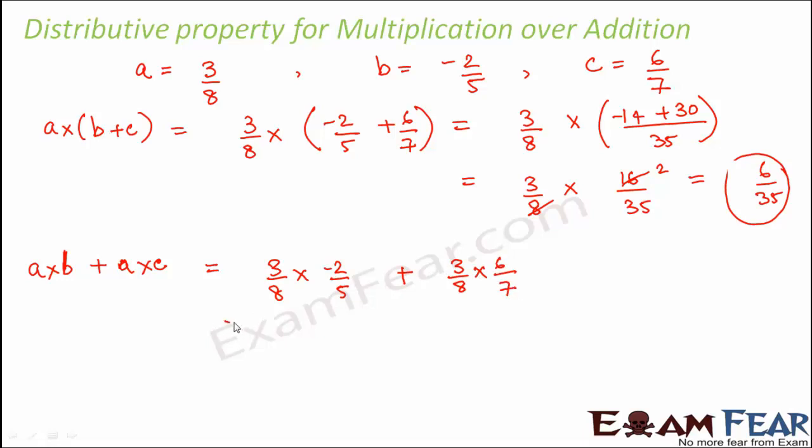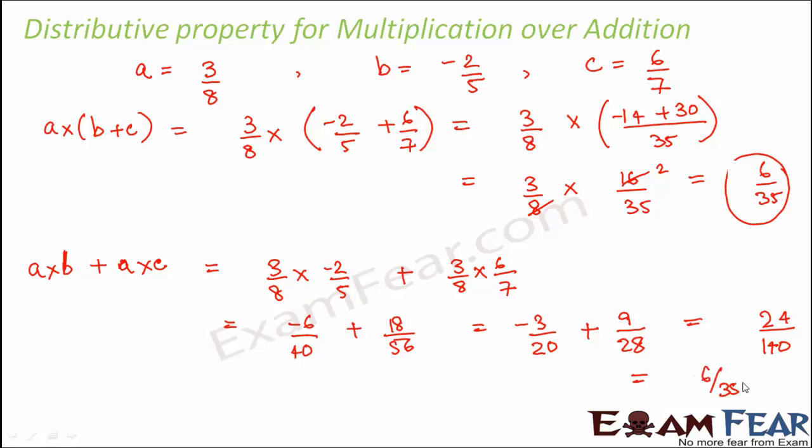So we get minus 6 by 40 plus 18 by 56. Now when you calculate them further, minus 6 by 40 can be written as minus 3 by 20. Similarly, 18 by 56 can be written as 9 by 28.